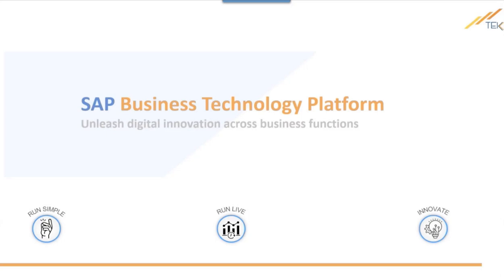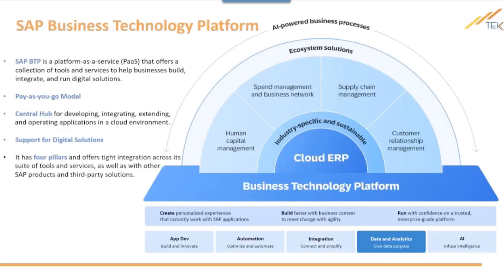So what is BTP? BTP stands for SAP Business Technology Platform. It's a central hub which gives an opportunity for developing, integrating, extending, and operating complete applications on cloud. Being offered as a platform as a service, BTP has a combination of tool sets which enables a development team to do app development as well as automation and bleeding edge AI and ML use cases.